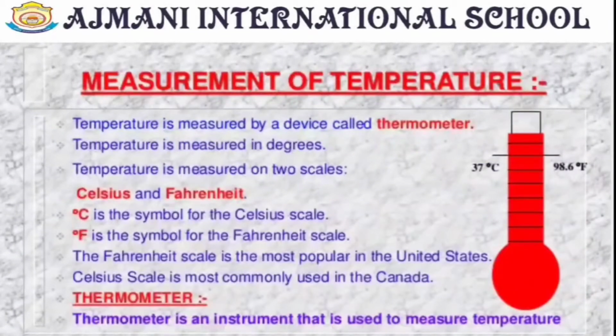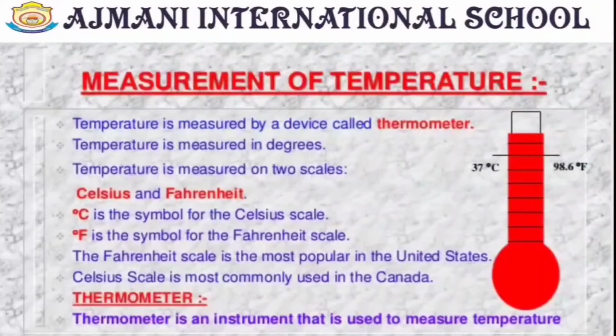How do we measure the temperature? We basically use a device called a thermometer to measure the temperature. It uses the unit called degree, and the temperature is basically measured on two scales, either the Celsius scale or the Fahrenheit scale.